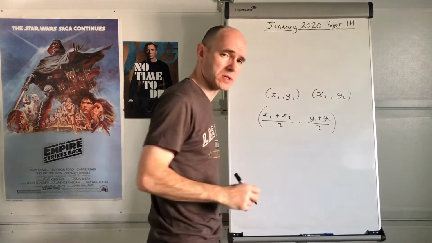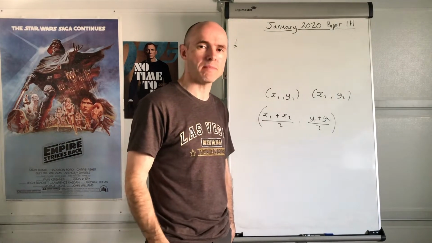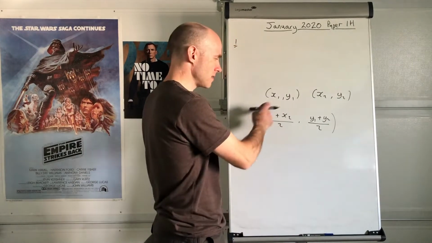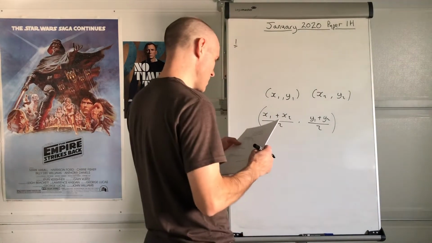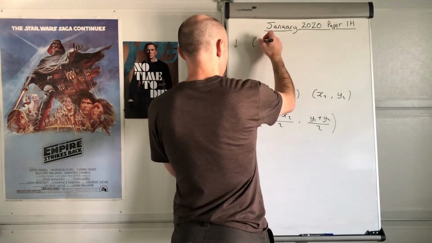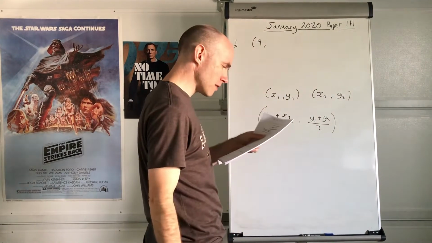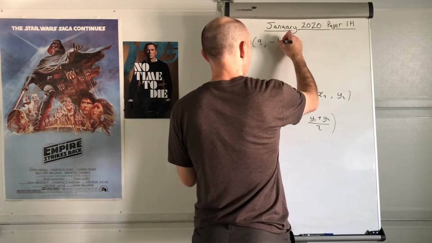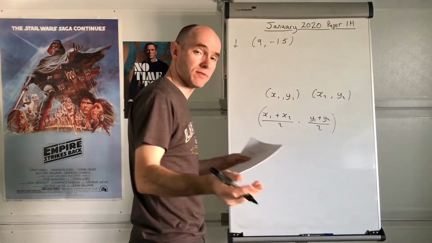Really important: find the midpoint is the same as find the median from two sets of numbers. So to find the median, you add the numbers together and divide by 2, don't you? So, 5 plus 13 divided by 2 is 9, and negative 4 plus 1 divided by 2 is negative 1.5. So that's your answer for part A.